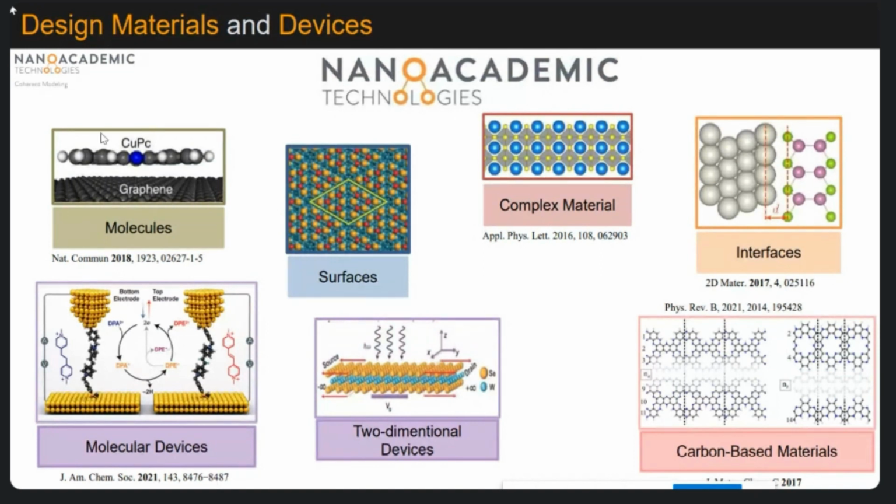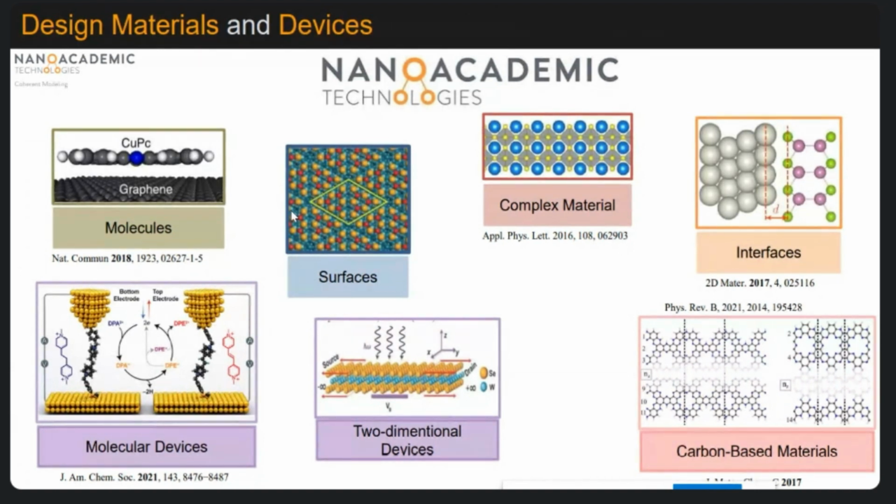From that database, whatever material you want to simulate, you can pick up during the modeling of the structures. So you can simulate molecules, graphene, and also you can create the surface of a particular crystal. You can create the surface structure where you can define the Miller indices, the HKL values. So you can define the 110 plane, 100 plane, 111 plane, 001 plane.